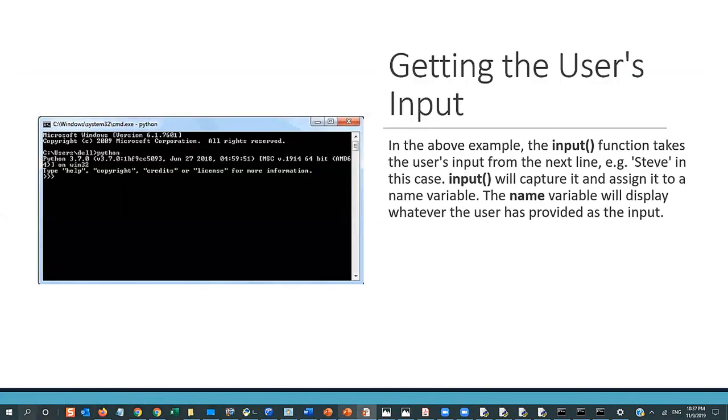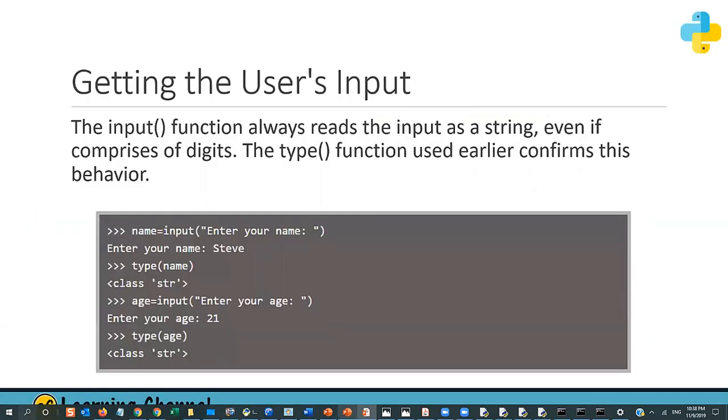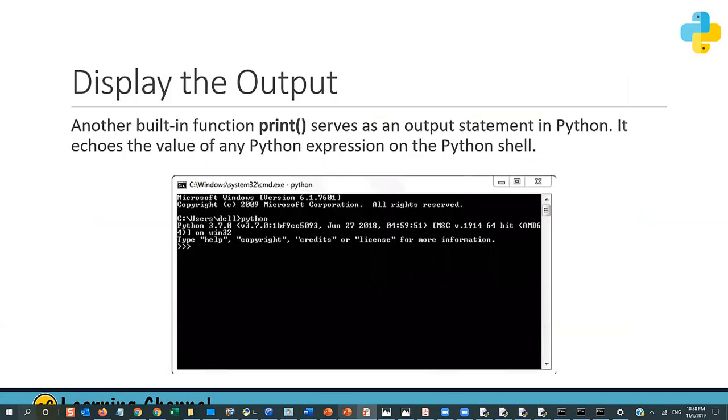Getting input, you use the input function. We explained it already, okay? And put the query message inside the input function. So this input is somewhat like a prompt, P-R-O-M-P-T, in JavaScript, okay? So you enter the name, you get a name, and then you can check the type of the name, which is a string type, okay?